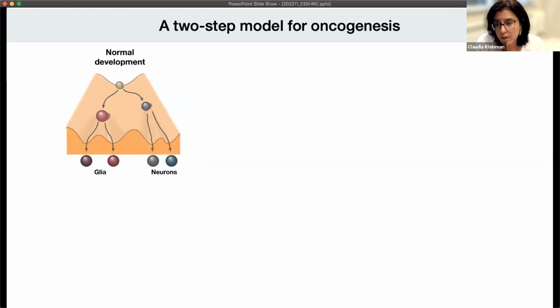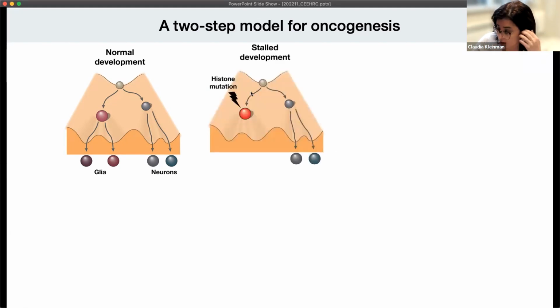To produce the hundreds or thousands of cell types that we have in the brain, during normal development and differentiation we see a stepwise, massive reconfiguration of the epigenome as the cells differentiate and commit into cell types. And this is quite concerted and regulated. When we have a histone mutation in one of these progenitors, this process is impaired and the cells become frozen, probably in time, in a state that is quite oncogenic permissive.